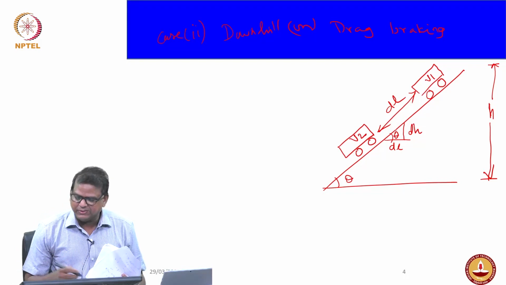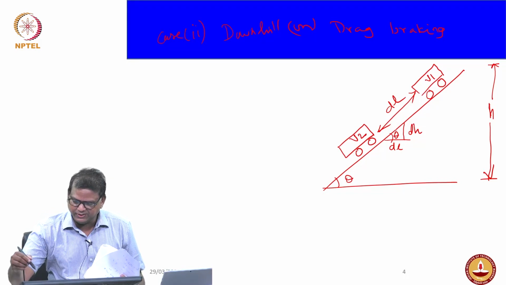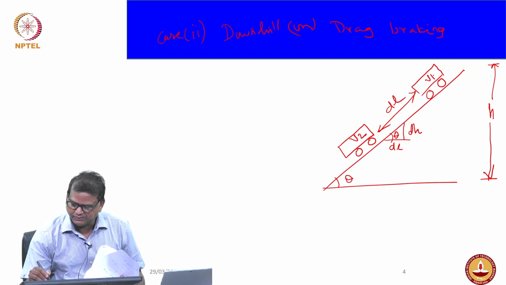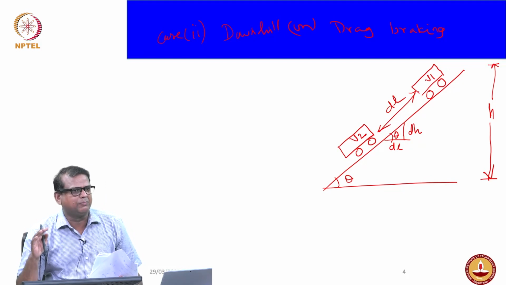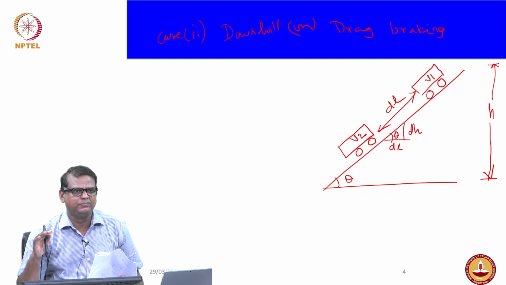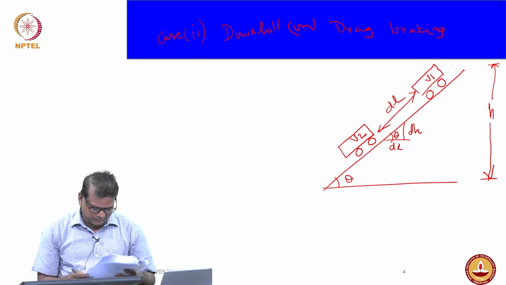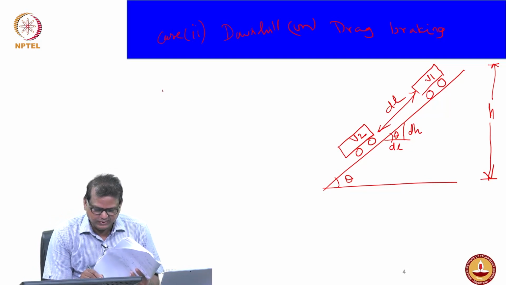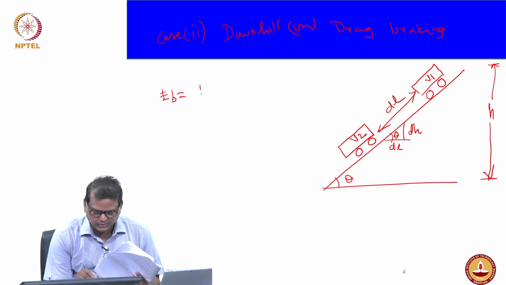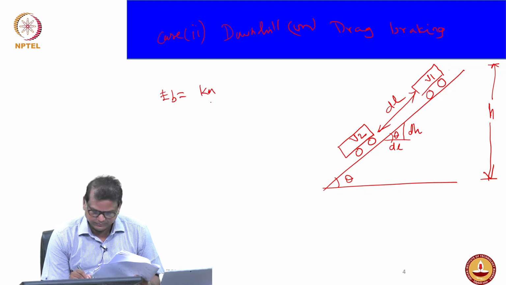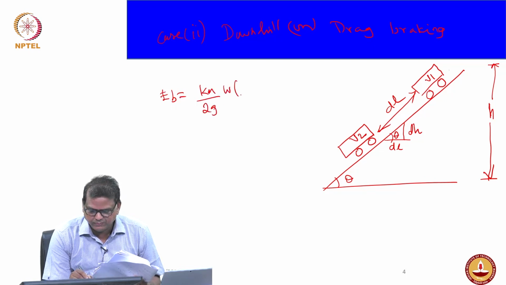So what is the general equation here? When the vehicle is moving from this position at velocity V1, you apply a brake. What is the purpose of the brake on the slope? You have to maintain the vehicle velocity the same, otherwise the movement will be uncontrolled; you need to control it. Usually you will have two terms in the brake energy EB: Km by 2g times W times (V1 squared minus V2 squared).